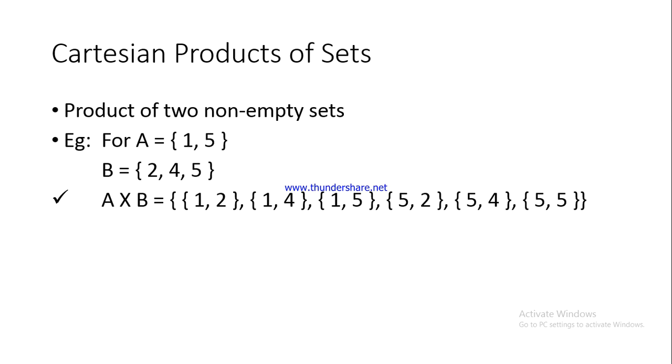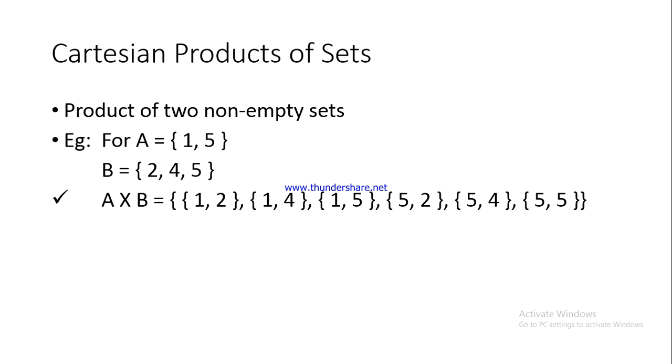So the first element of set A was 1, so we are going to multiply 1 by all the elements in set B. So we get 1 2, 1 4 and 1 5. Then for the second element of A, which is 5, again we will conduct the same operation. We will multiply it with all the elements in set B. So we get 5 2, 5 4 and 5 5.